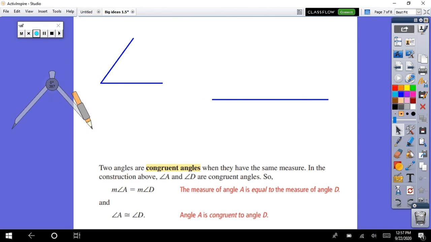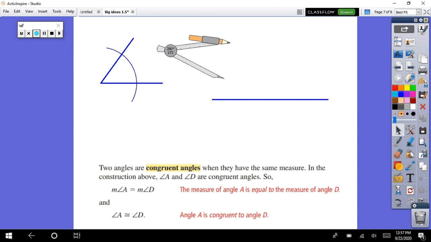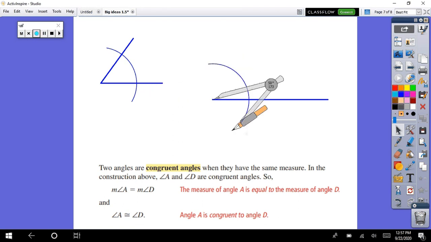All right. Take your compass, move it in to somewhere, it doesn't have to be a set space. In the interior of the angle that you're trying to copy, draw an arc like so. Now keep the compass setting the same. Come over here to where your new ray is and draw an arc suspended into space.